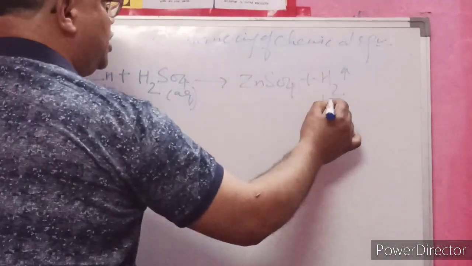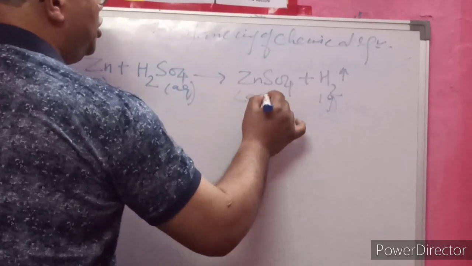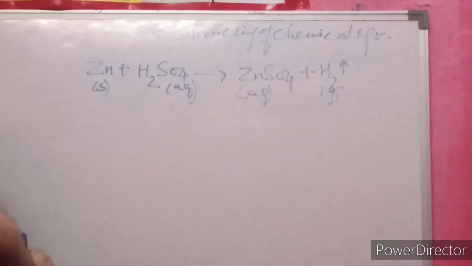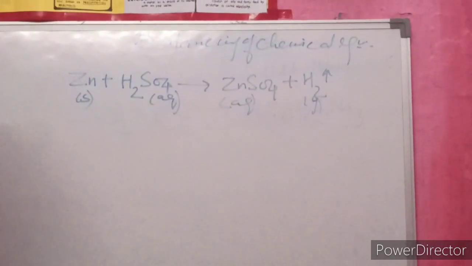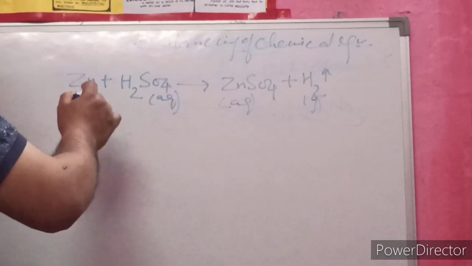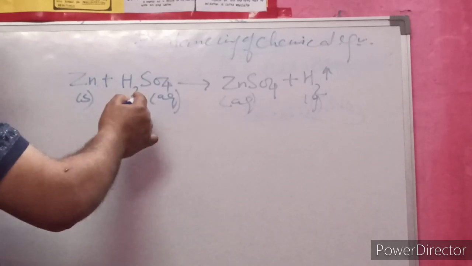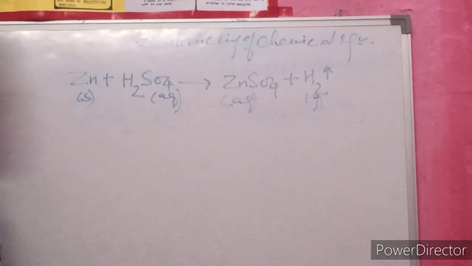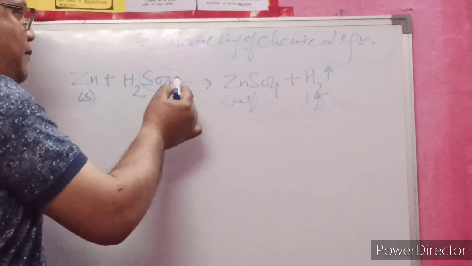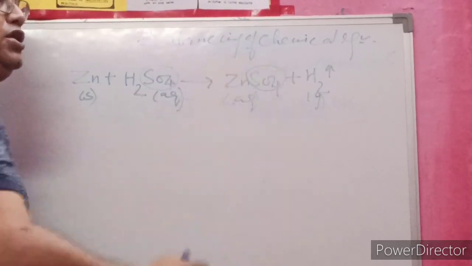This is gas. Zinc sulfate is also an aqueous solution. Now you see whether this reaction is balanced. Zinc here 1, here also 1. Hydrogen 2 to 2, sulfate 1, a radical, this is also sulfate.